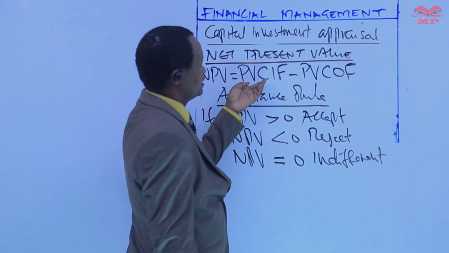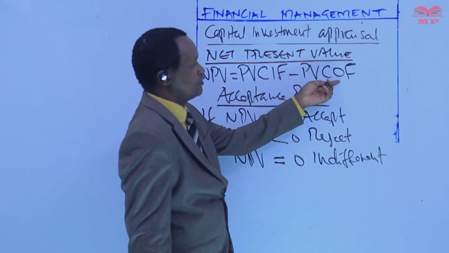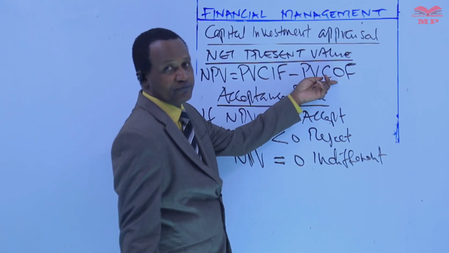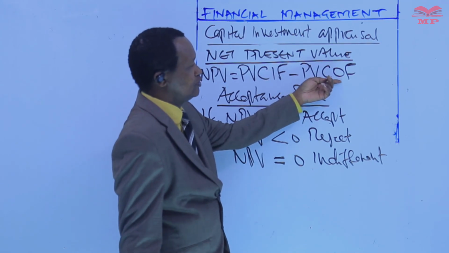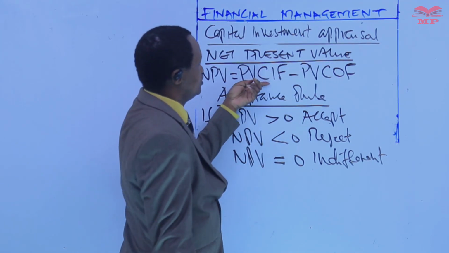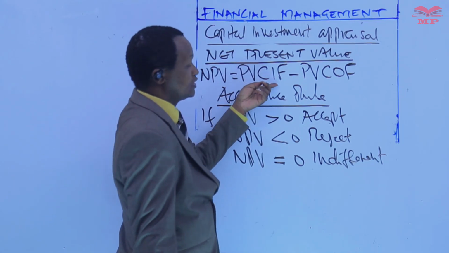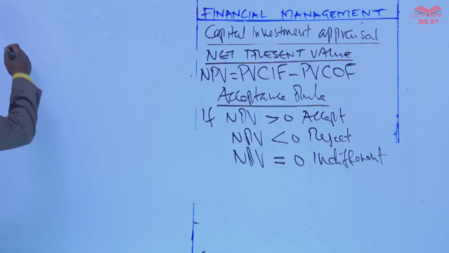The cash outflow is the initial investment, which already is in present value. So all we need to do here is to, first of all, get the present value of the cash inflows. So we'll have a solution here.